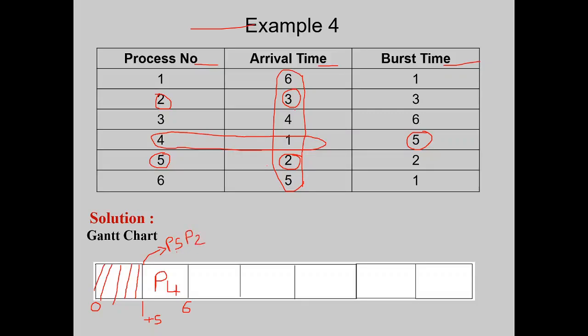At unit 4 process P3 has arrived here. At unit 5 process P6 has arrived here. And last at unit 6 process P1 has arrived here.